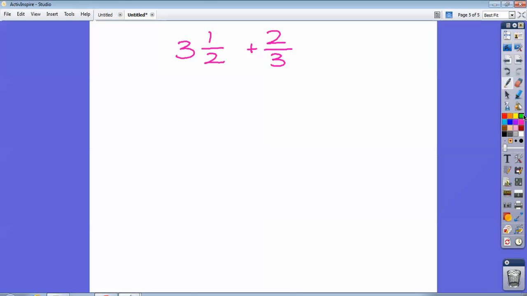Start boxing your answer. That's a really good idea. With all of the fractions and things you're going to have on your page, boxing your answer at the end will make it very clear what our final answers are.